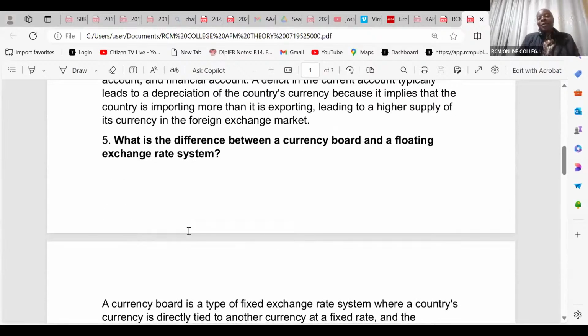What is the difference between a currency board and a floating exchange rate? A currency board is a terminology which the examiner can easily use, ladies and gentlemen, to simply confuse you. Currency boards are basically fixed exchange rates. There are countries that have just fixed their exchange rates, countries like Djibouti.